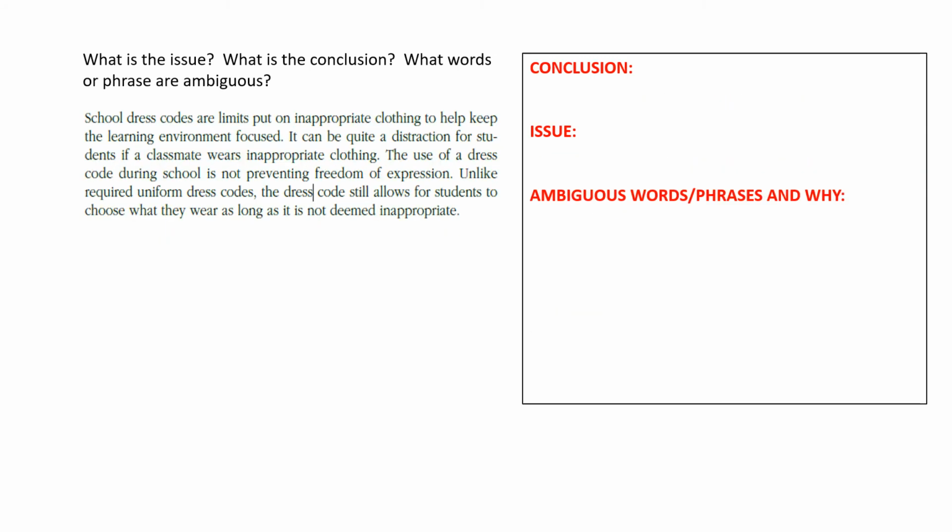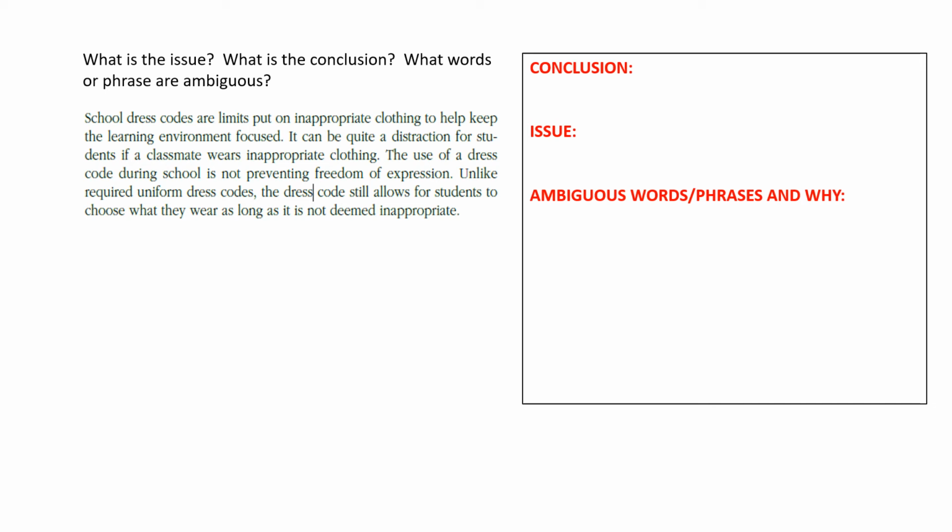All right, so now what we're going to look at in the next two paragraphs is how to identify ambiguous words and phrases and explain why those words are ambiguous, okay? This paragraph says: school dress codes are limits put on inappropriate clothing to keep the learning environment focused.